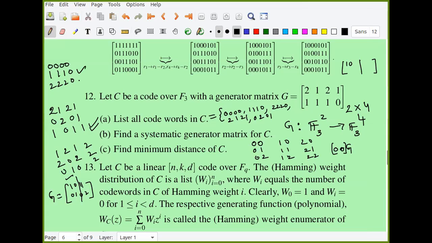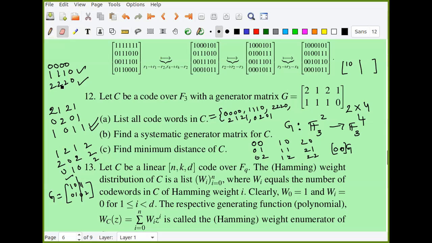Can I take these two? Will they form a generator matrix? No, that will not form. Why? We need to take linearly independent vectors. In the previous problem, all were independent, that's why.